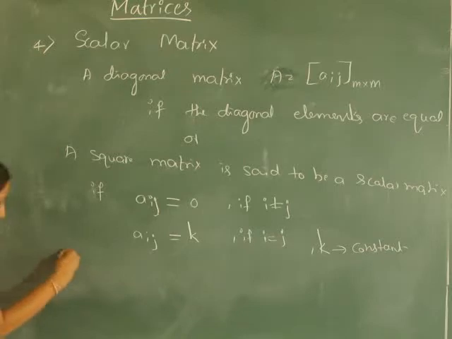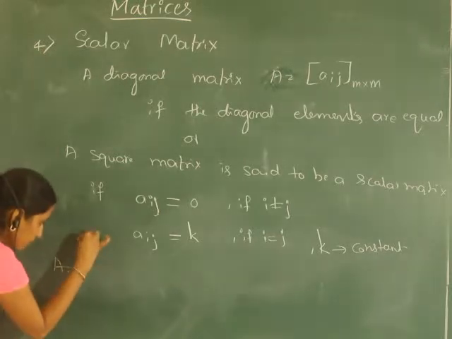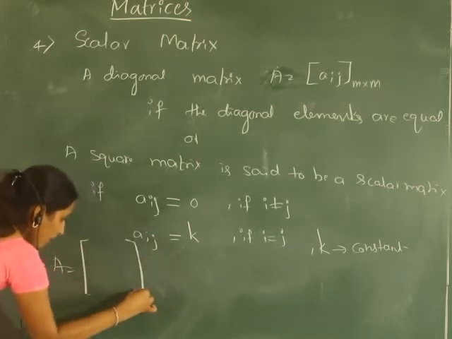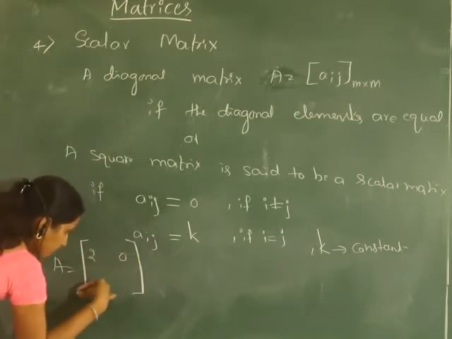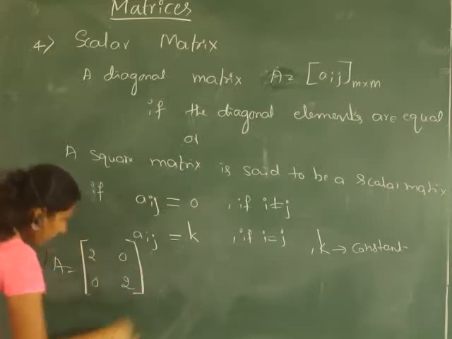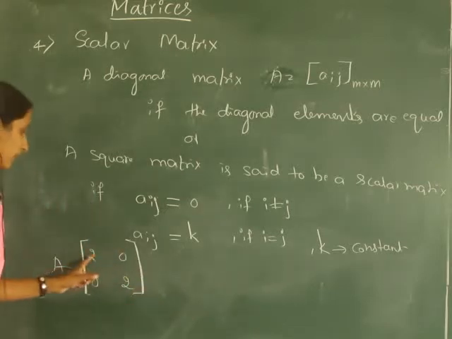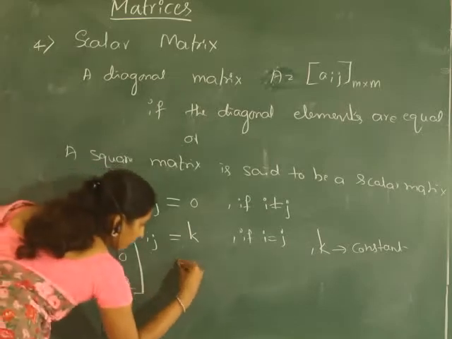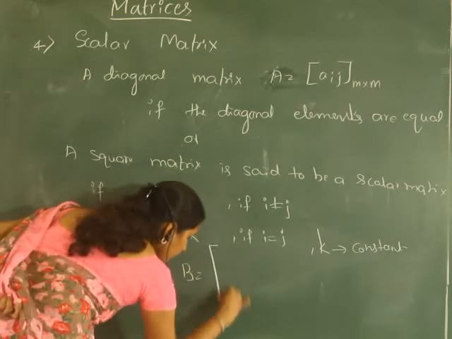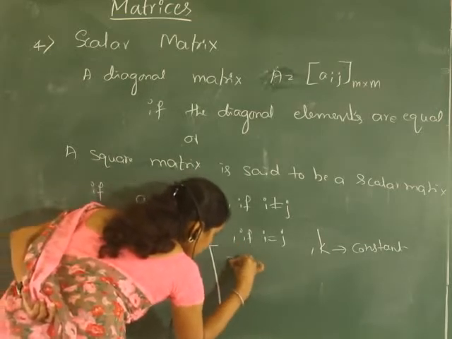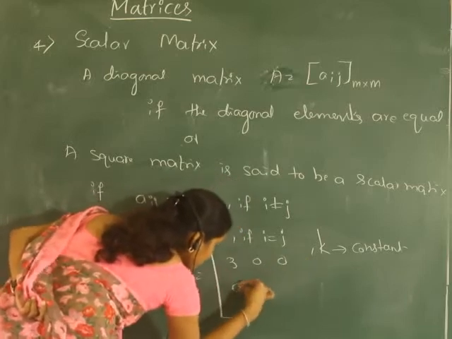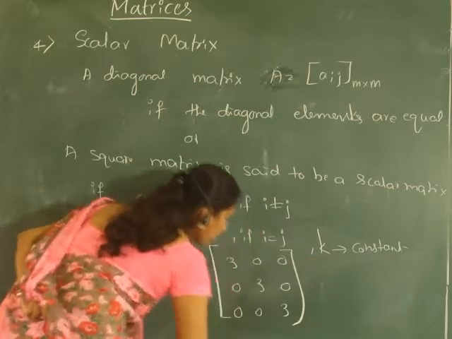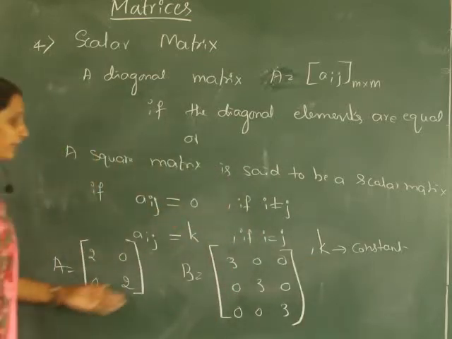For example, we can give A as a scalar matrix. We can take it as 2 by 2 or 3 by 3. In it the diagonal elements are equal and the non-diagonal elements are zeros.